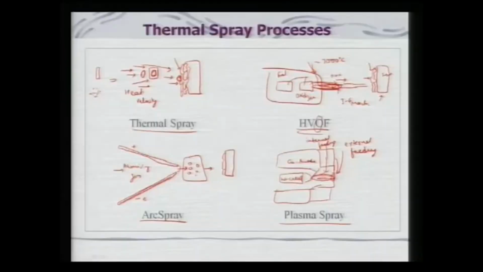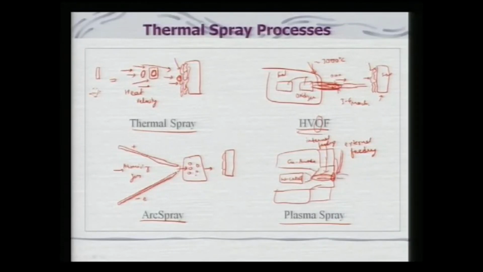But external feeding is essential for low melting materials such as magnesium, aluminum and so on, because if we start feeding the material right where plasma is forming, it has enough time to get melted and splash. Once it splashes, it can even choke the nozzle of the gun. So, they need to be fed outside.